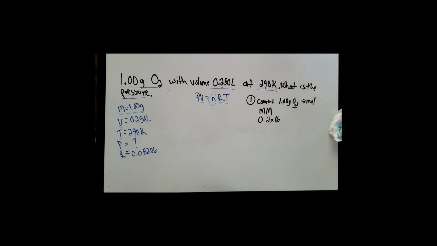This 16 is coming from the periodic table because oxygen has a mass of 16. So my molar mass is 32 grams per mole. So this is my conversion factor that I'm going to use to convert that gram amount to a mole amount.